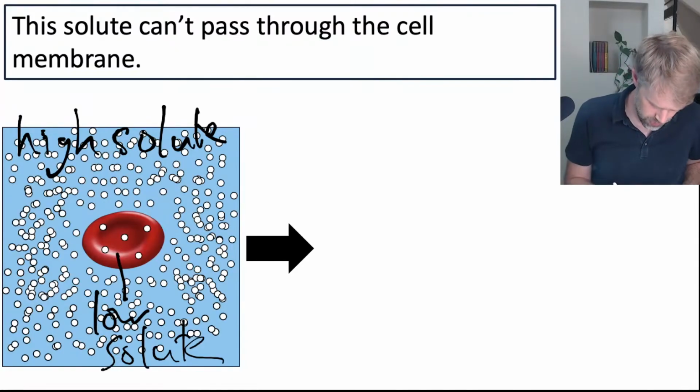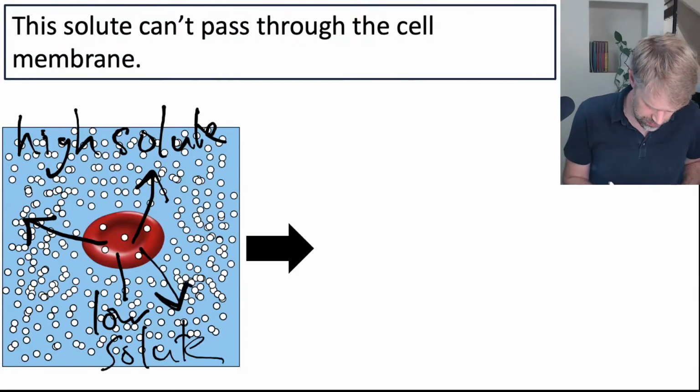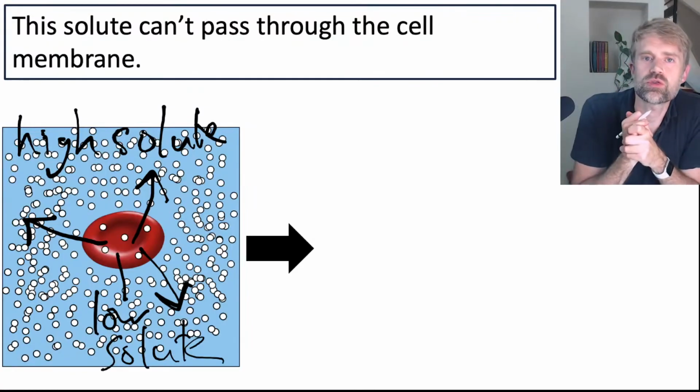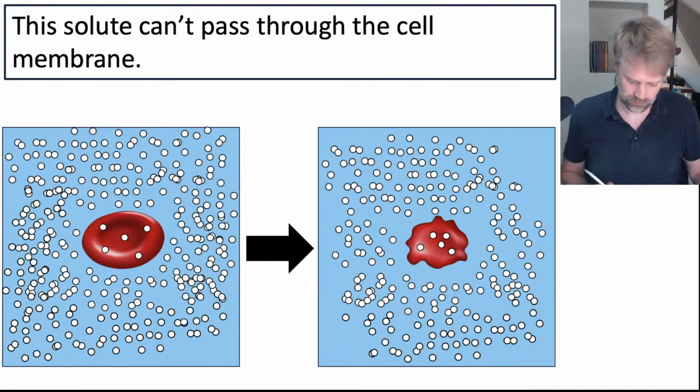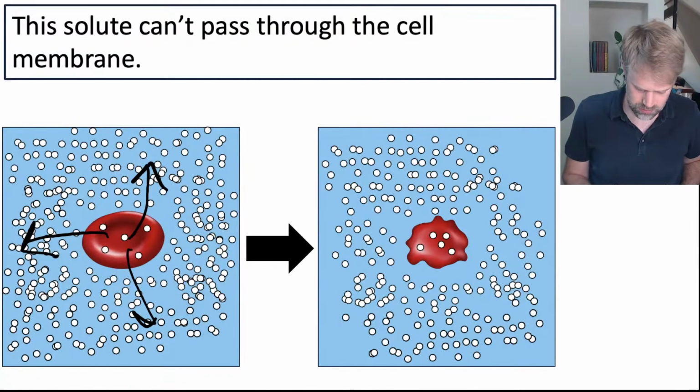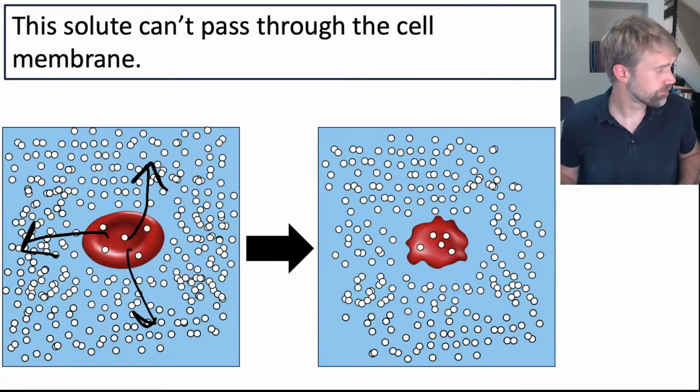Water is going to come out of the cell. It's going to be drawn towards high solute concentrations, and the cell will shrink because the water was drawn out by high solute concentrations. Okay.